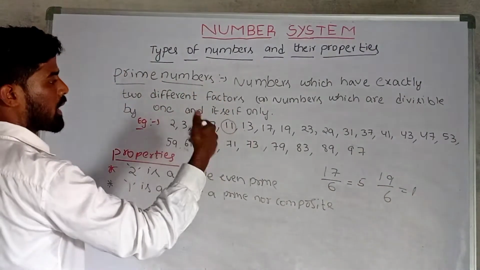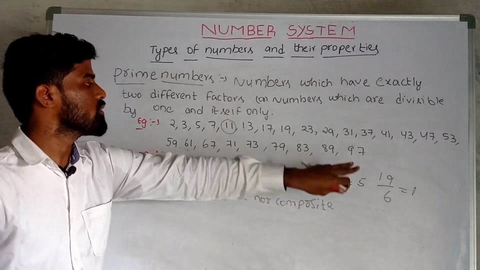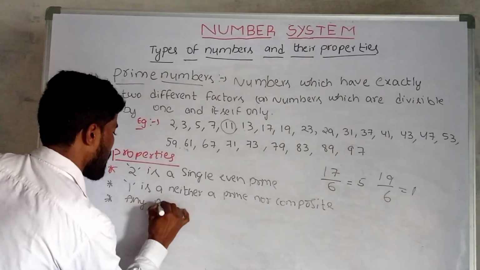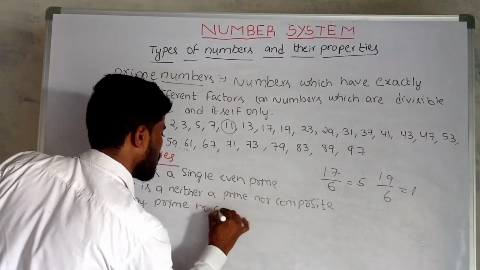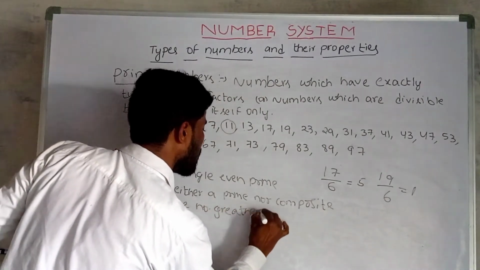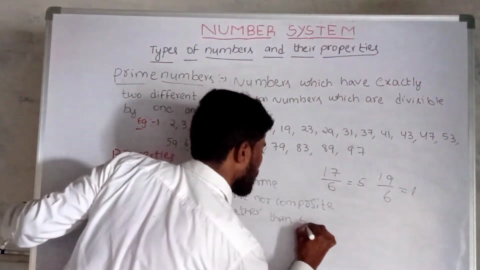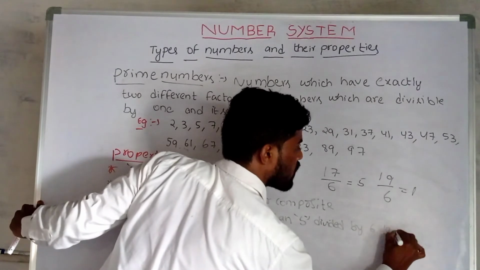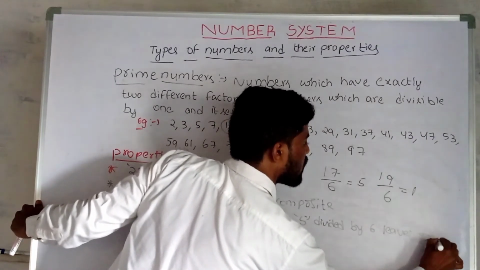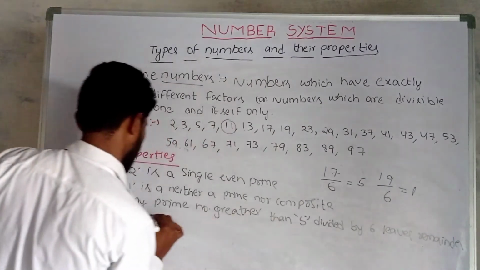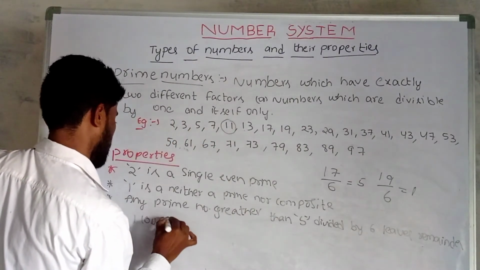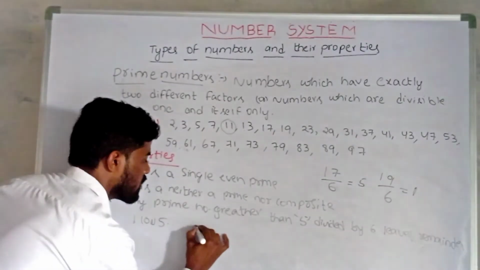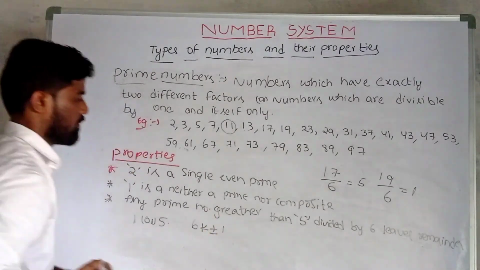That means any prime number greater than 5 when divided by 6 leaves remainder 5 or 1. That means we can write the general form of a prime number as 6k plus or minus 1.